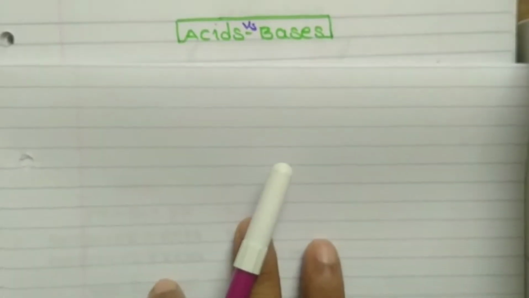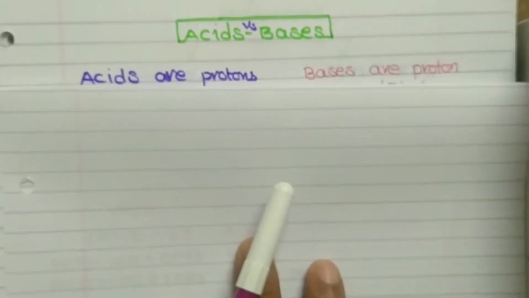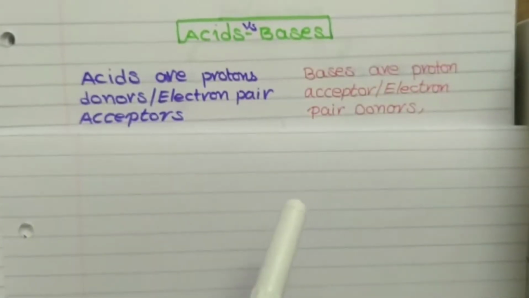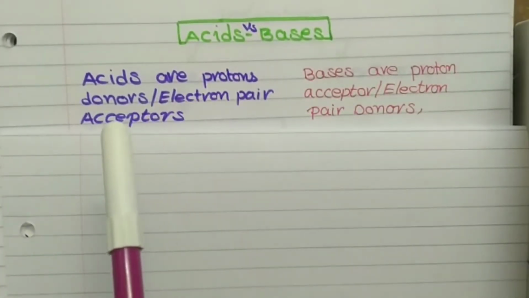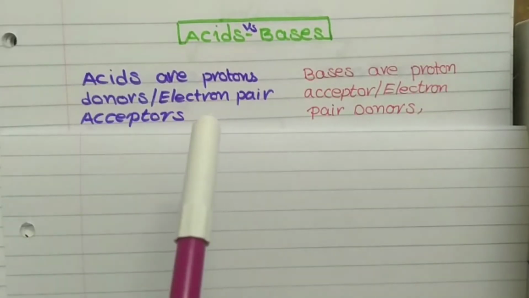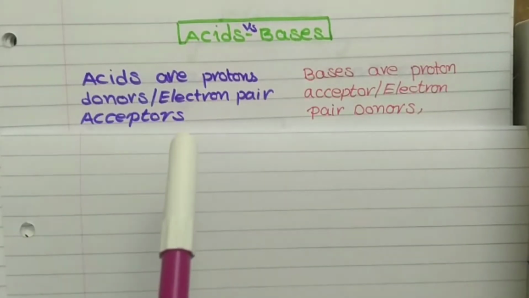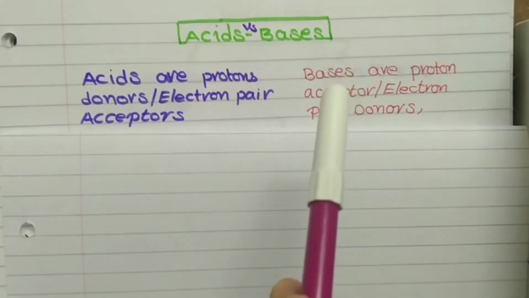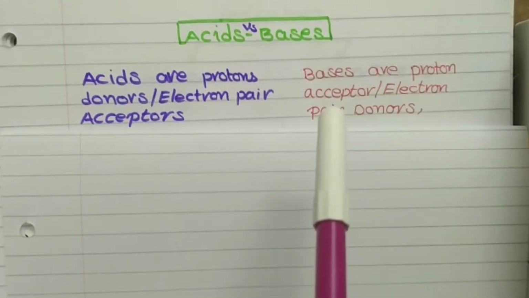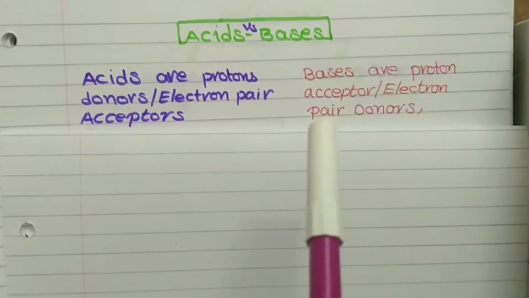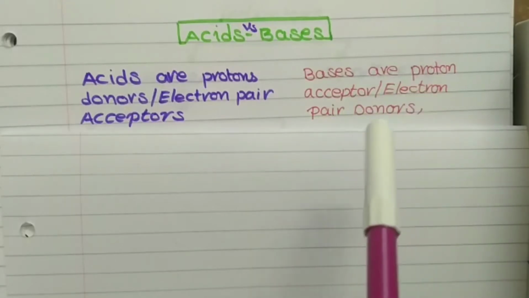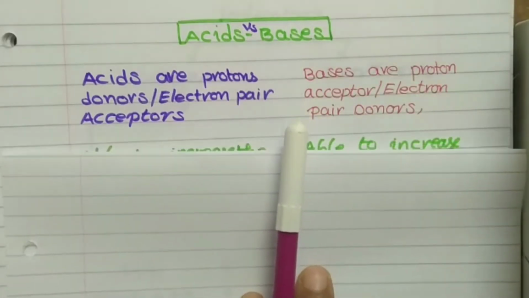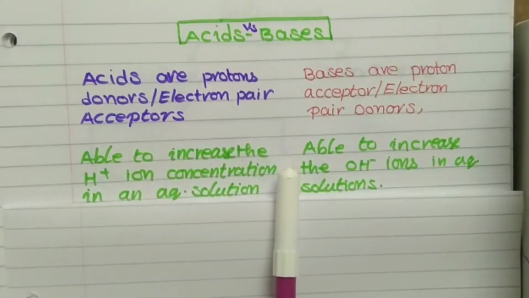First, I want to discuss the definitions of acids and bases. Proton donors are called acids, or electron pair acceptors are also called acids, and bases are proton acceptors. Electron pair donors are also called bases.